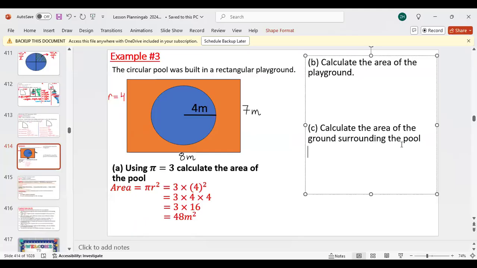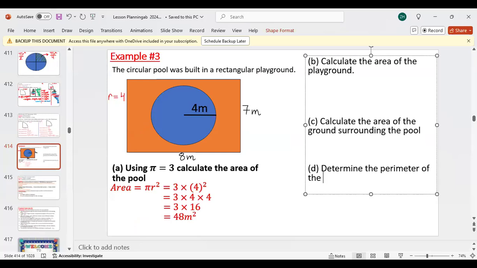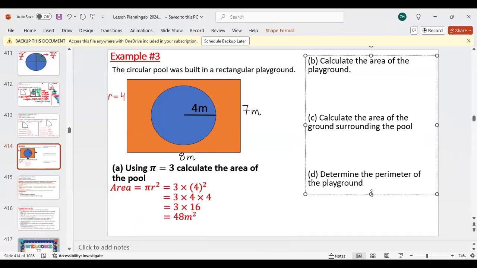And then for D, we want to determine the perimeter of the playground. Determine the perimeter of the playground. All right.